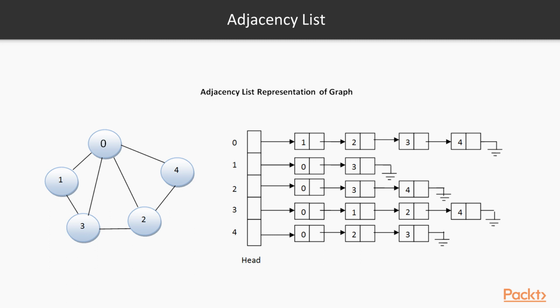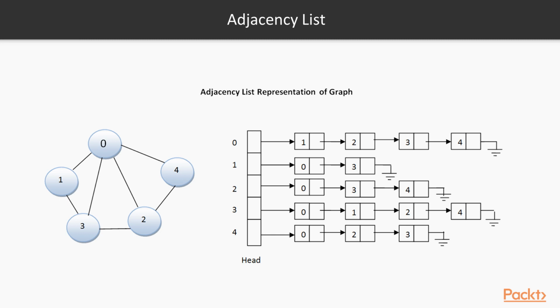And we can see that each vertex has its own cell in the array. So if we want to get all edges to other vertices for vertex 0, we need to go to index 0 of that array, and at that index there will be a list of vertices and edges from that 0 to other vertices.